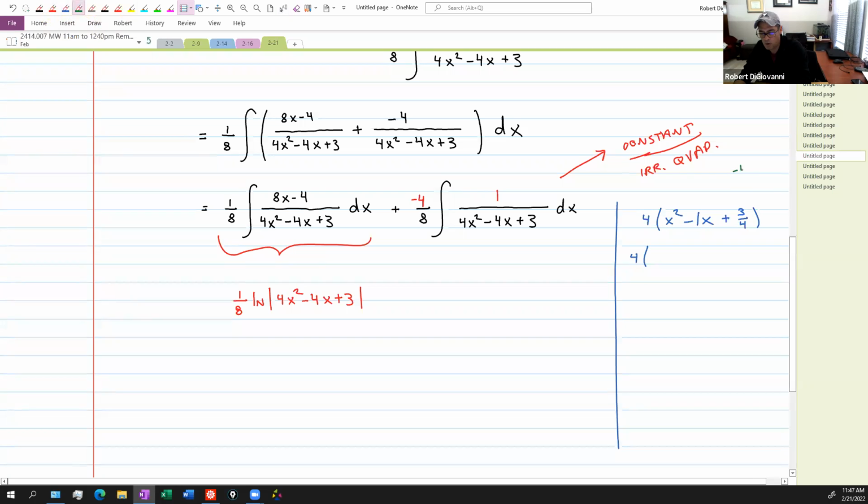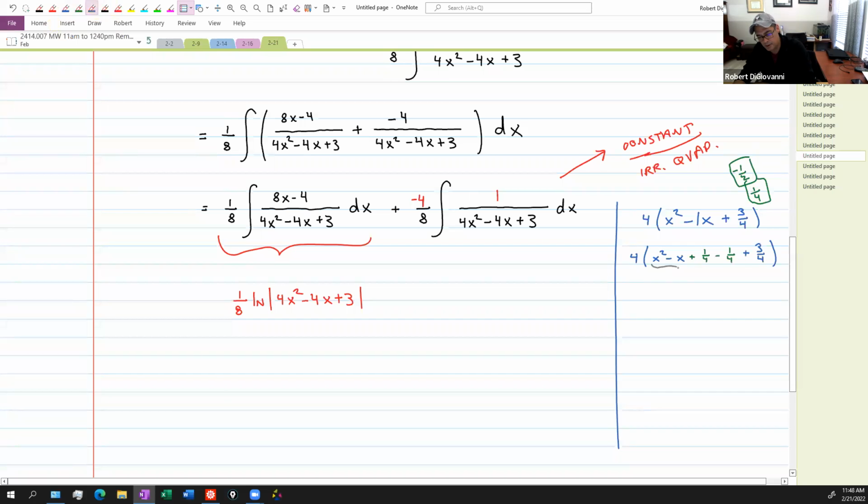I take -1, half of it. That's my first number. I take that number squared, I get 1/4. That's my second number. And then I rewrite this x squared minus x. Here comes my adding of a 1/4 and subtracting of a 1/4. And I already had a 3/4 here.